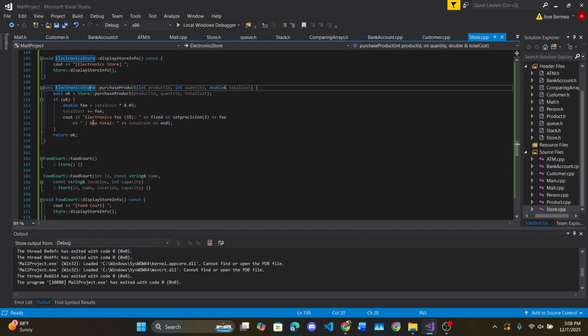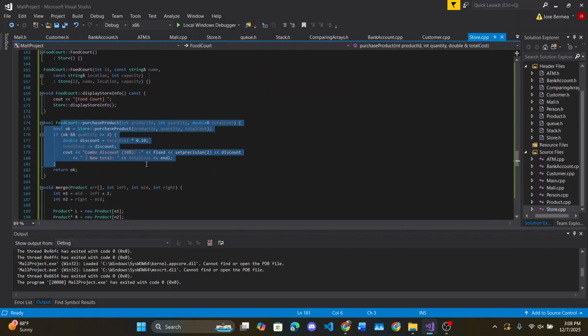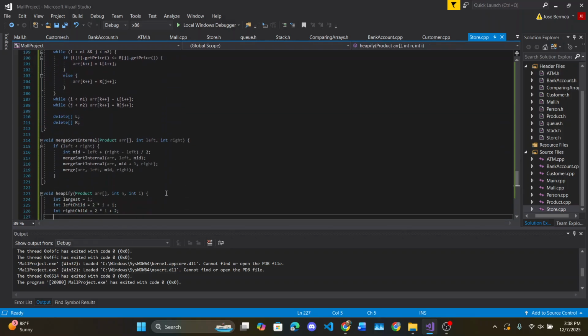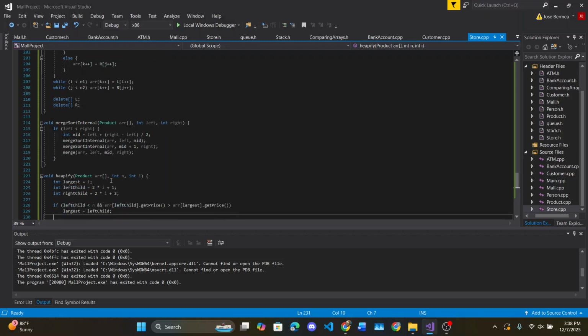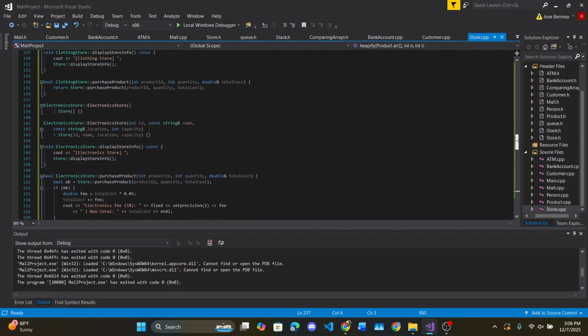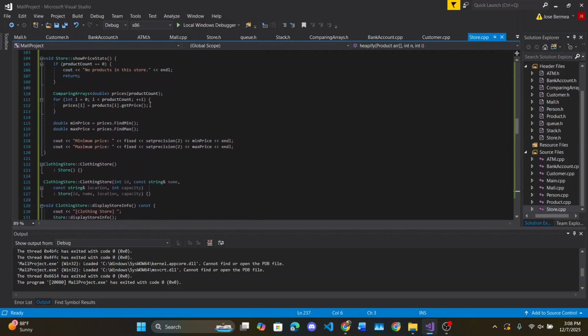When we purchase a product here, we get a fee. And over here with the food court, we get the discount and all that. And then here's where we have the merge sort, and then the heap sort and all that. And that's about it.